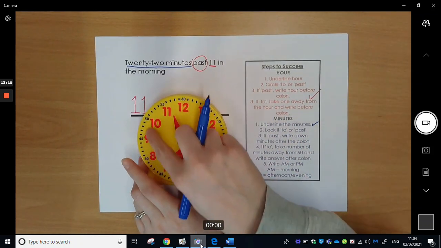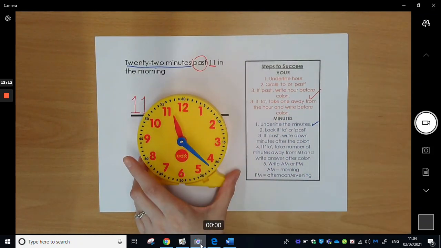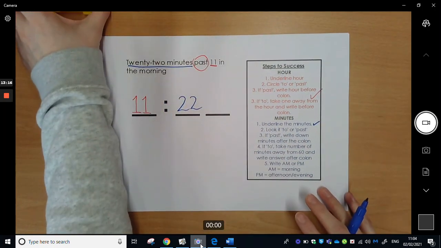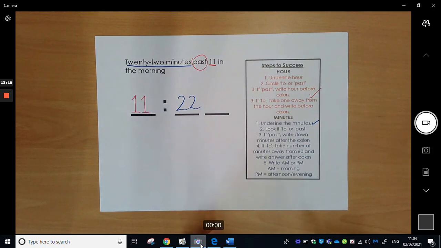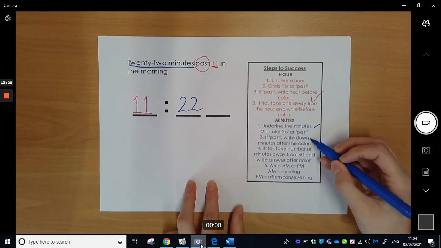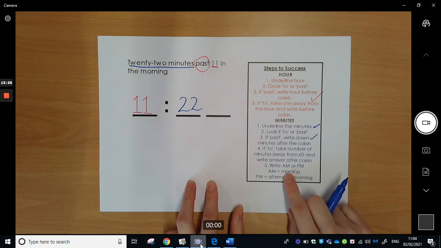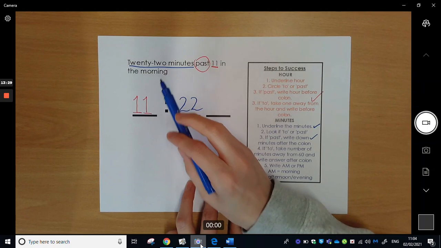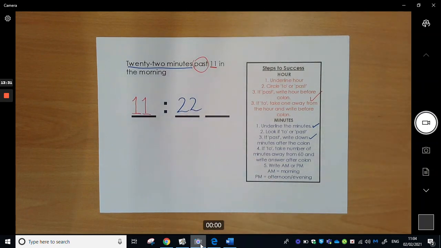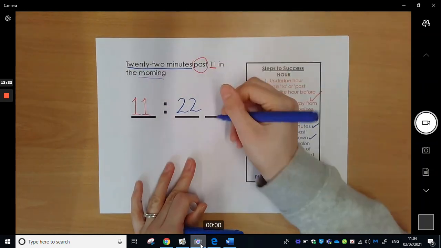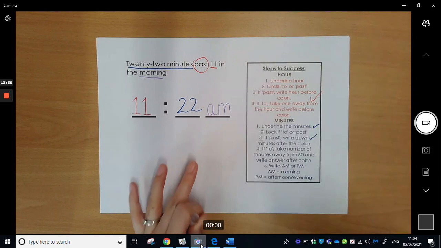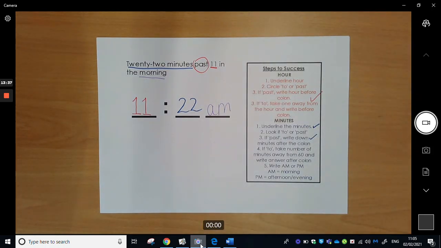It's only when it's on the to side, I'm going to have to do something slightly different. But 22 minutes past 11 is not going to change. Now, because I'm using 12-hour clock, I need to write my AM or PM, okay? Now, it says in the morning on here, so I know that it's going to be AM. Okay, so hopefully that one's quite straightforward.